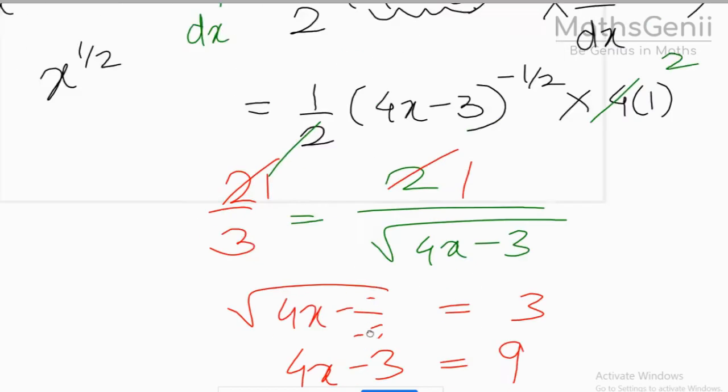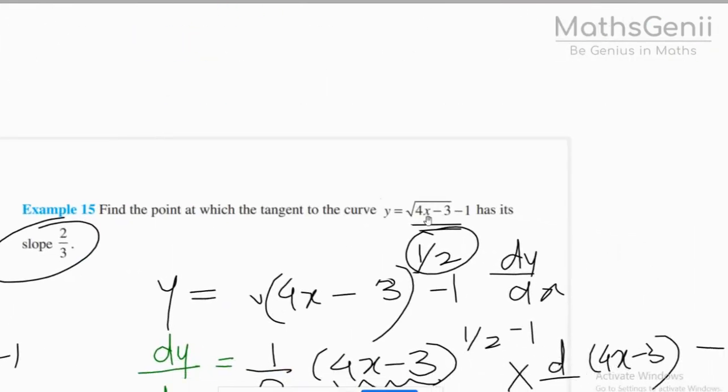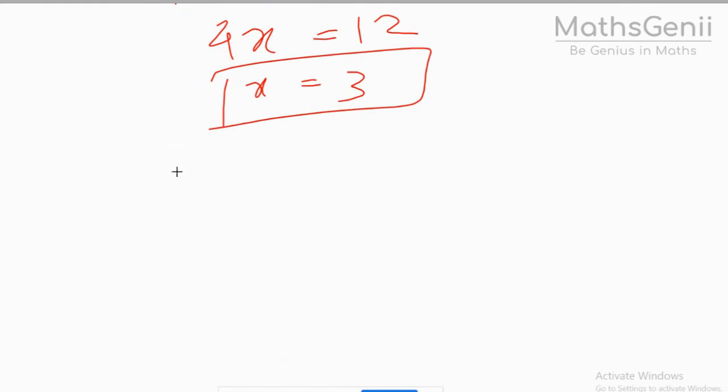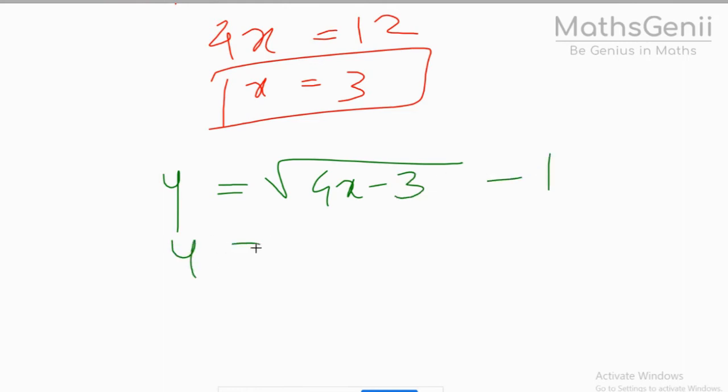You got x. Now you want to find y. So substitute in the question. I'm rewriting the question. The question was y is equal to square root of 4x minus 3, minus 1. I have gotten the value of x, so in place of x, I am replacing it with the value that I got.